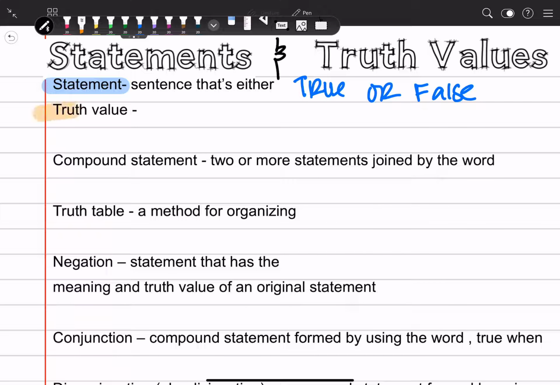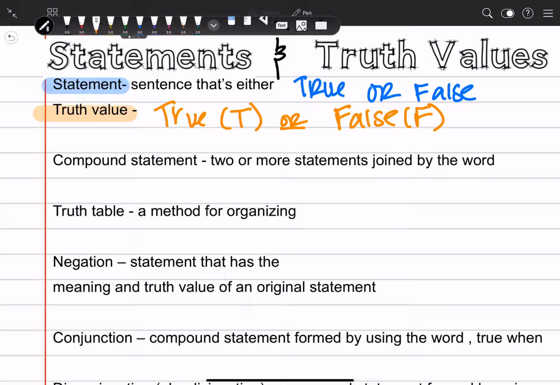All right, now your truth value, that means that something is either true, for which you're going to write a capital T, or false. And you guessed it, you're going to write a capital F for this. So pretty much the truth value is like a shorthand version of what's happening with your statement.